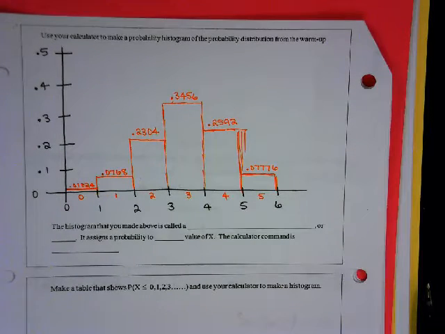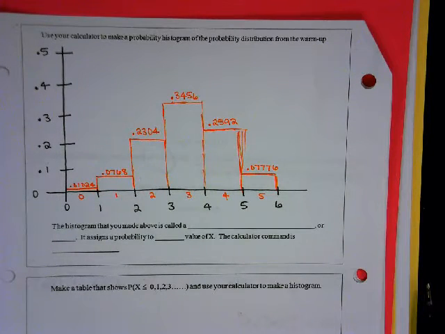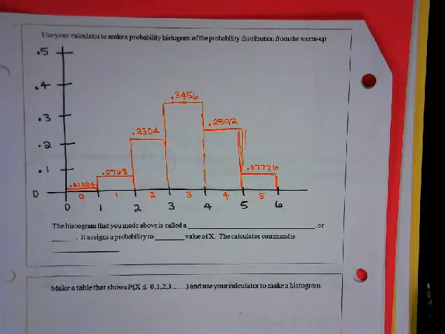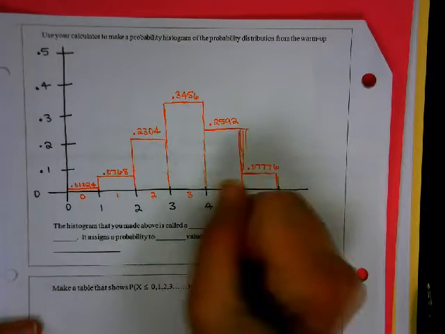So we made our histogram. Now that I look at it as a whole piece, it's kind of tilting to the left. Sorry, all my bars are tilting to the left. So this histogram that we made is called a probability distribution function.